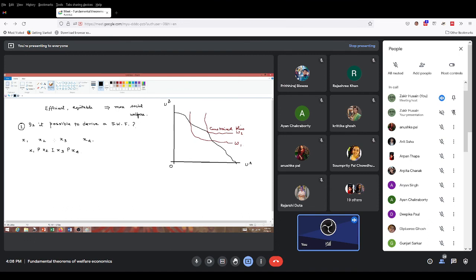I have alternatives and I can rank them. Now, this ranking is being done by an individual. When I am talking about a social welfare function, this also implies the ranking of alternatives.